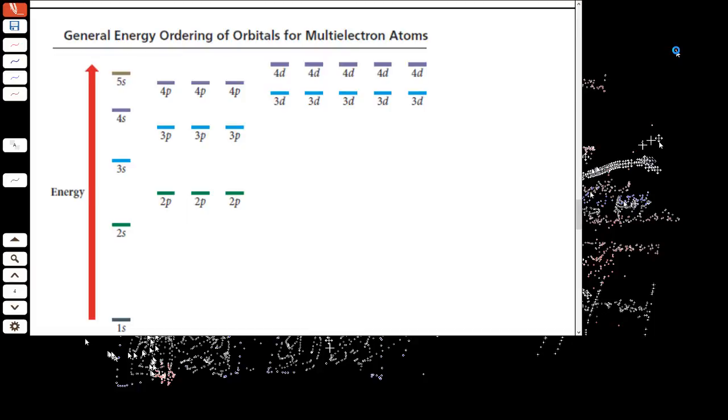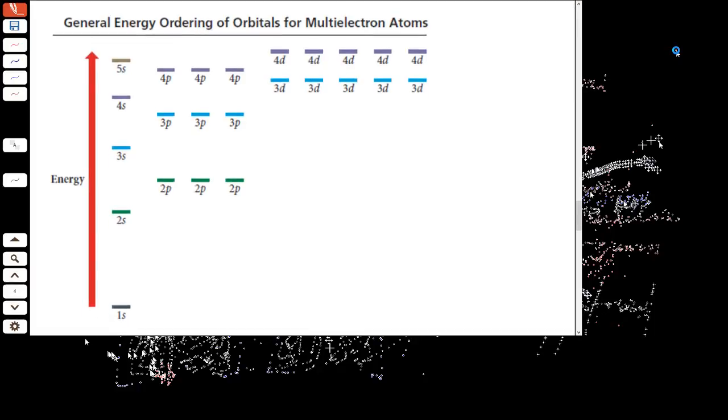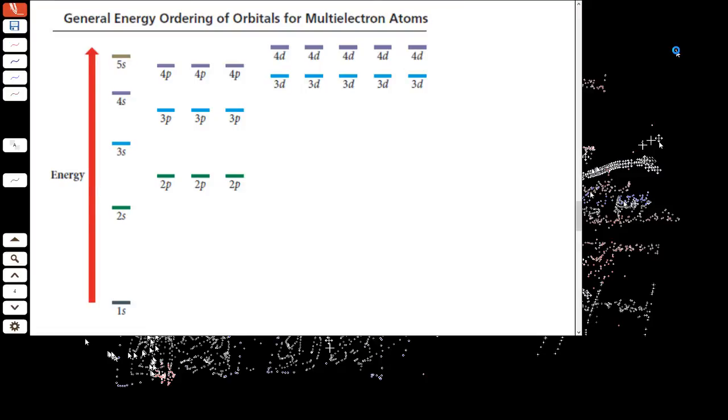So when we go with iron, let's take that example now. Iron has 26 electrons, so we're going to fill everything up that we did for argon, which is those 18. Whoops, let's do this the right way.